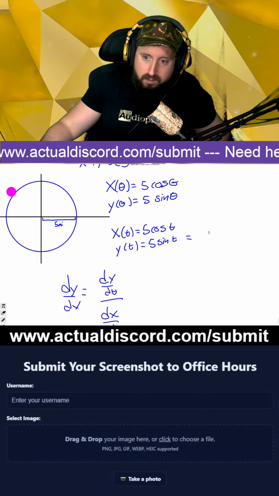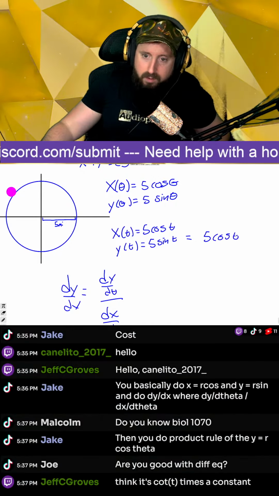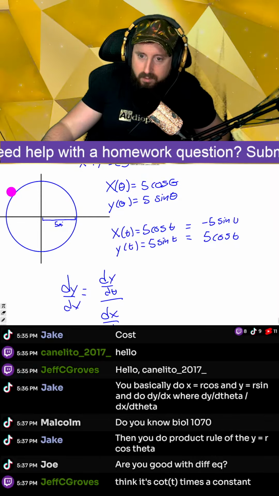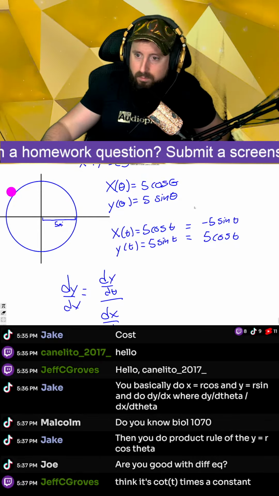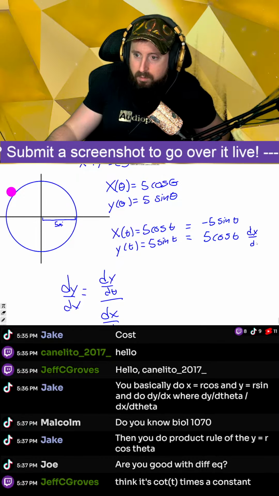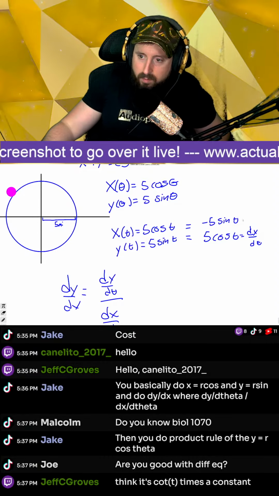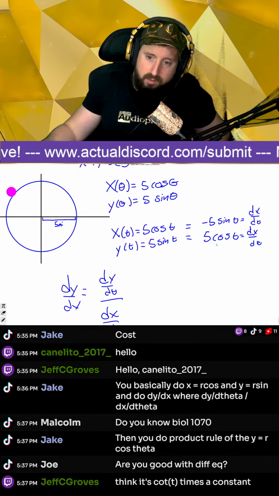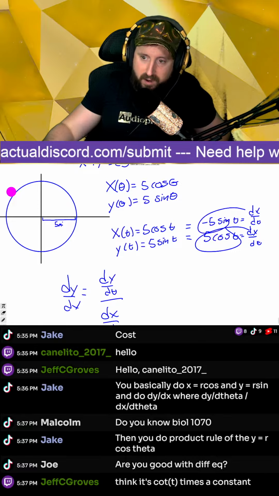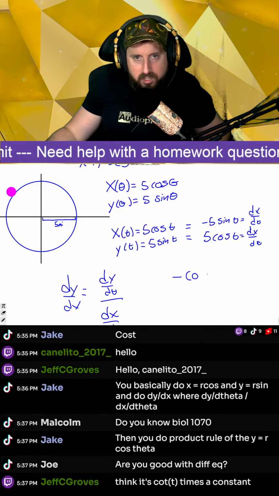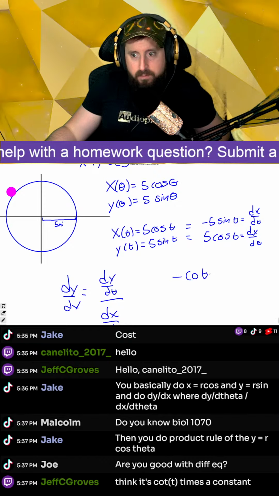Because dy dt is just going to be 5 cosine of t, and then dx dt would be equal to negative 5 sine of t. And then sorry, this is dy dt. And then this is dx dt. And then so dy dx is this divided by this, right? Which is going to be, I think it's negative cotangent of t.